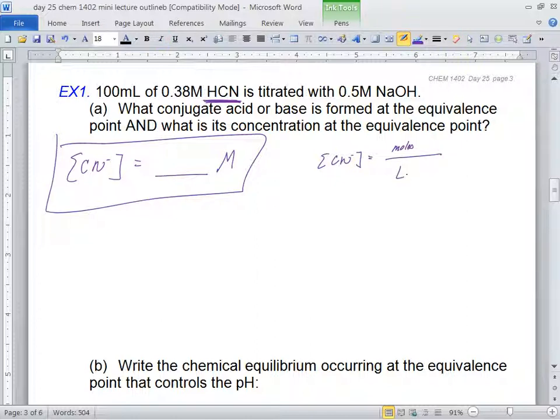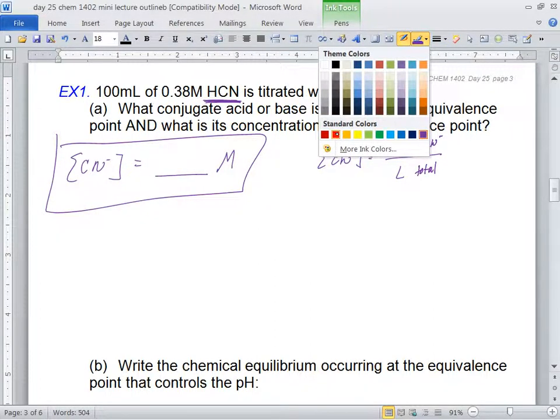You could put moles of cyanide over liters total, because you know that you're adding stuff. So you can't just divide it by the 100 mils. You got to also add the equivalence point. So you got to add that total liters.